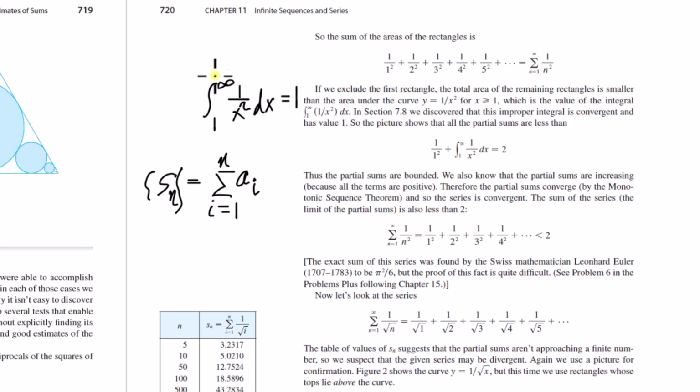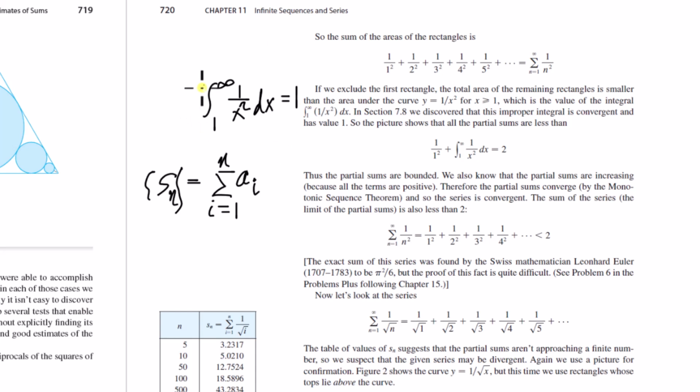Since we knew this integral was convergent, we looked at it from the standpoint of the left endpoint convention. So the areas of the rectangles would be less than the area under the curve, and we did it that way to where we were just talking about the sum from n equals 2 to infinity of 1 over n squared. That's what this integral represented.